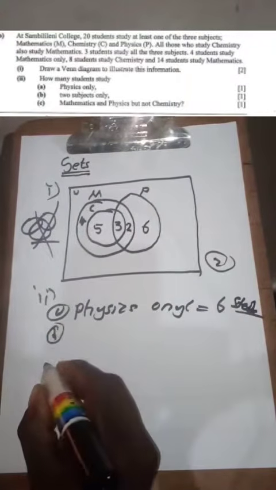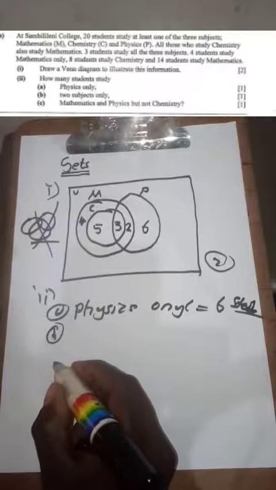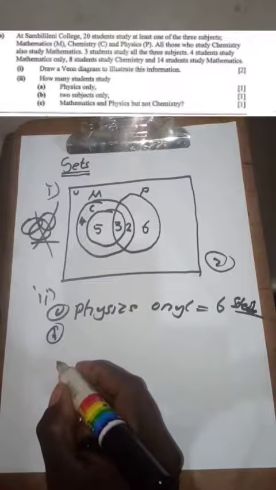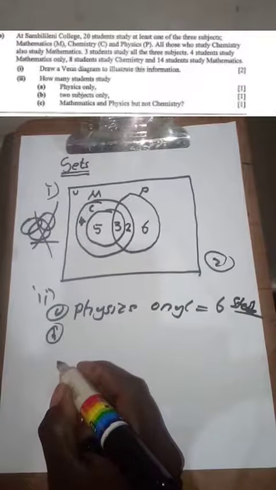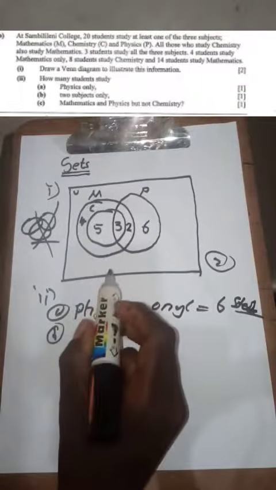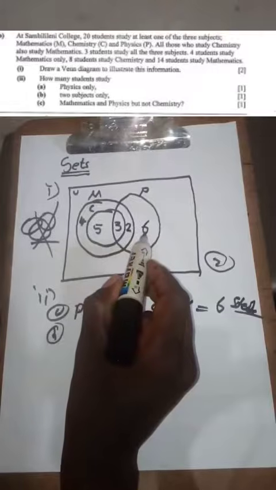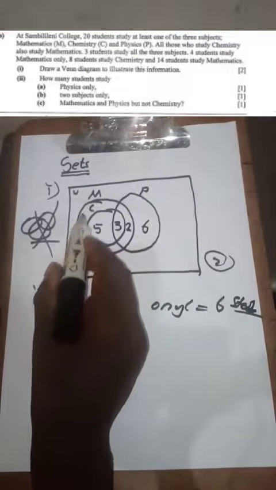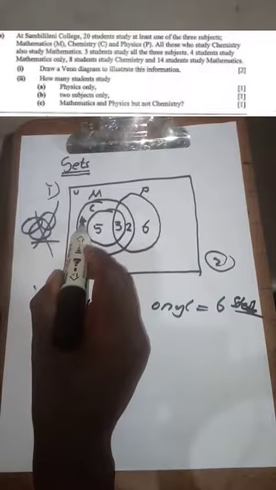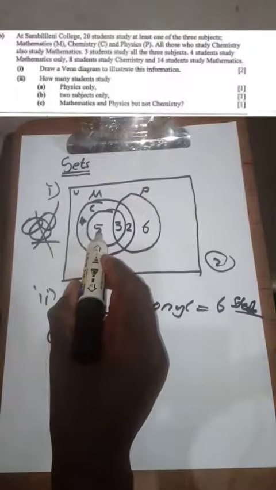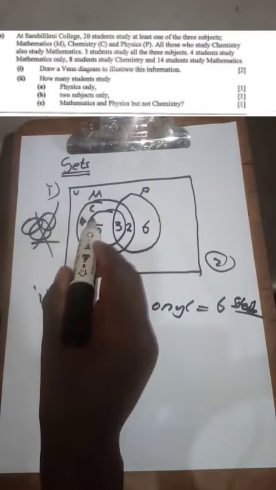Then B, how many students study 2 subjects only? If you look at the diagram, 6 only study physics, these 4 only study mathematics. Then these 5 study chemistry and mathematics.